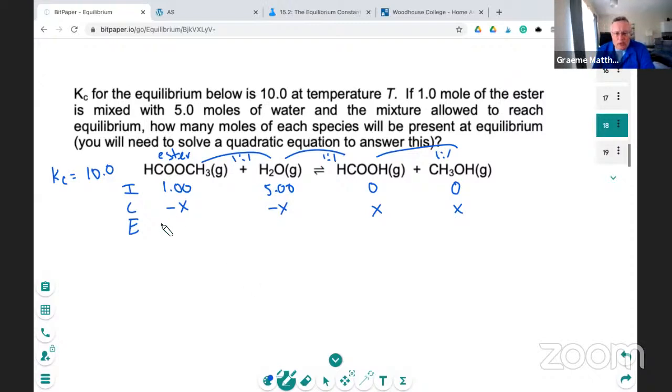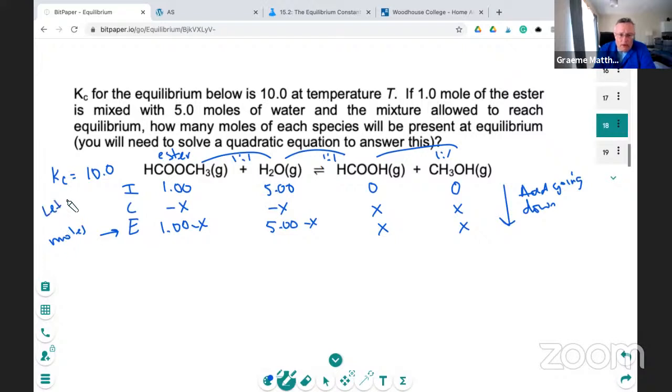And so at equilibrium I've got 1 minus x and 5 minus x, and x and x, because you add going down. So better note on here, you add going down. And this is in moles. Now, they didn't give us a volume, so I'm going to put down let volume V equal 1, because they didn't say what it was.